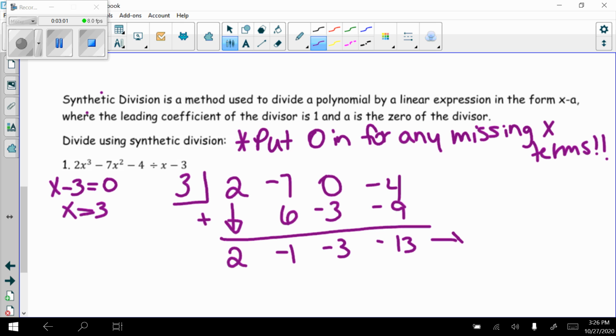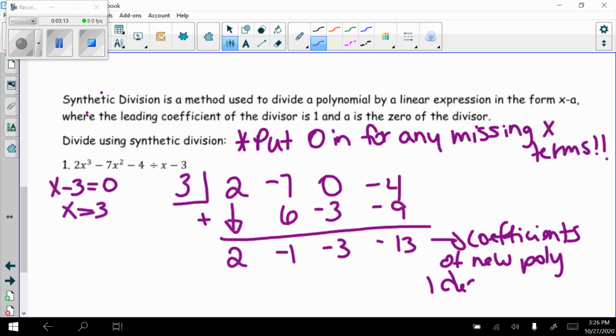So now these are the coefficients of my new polynomial. It will always be 1 degree less than where we started. This very last number is my remainder.